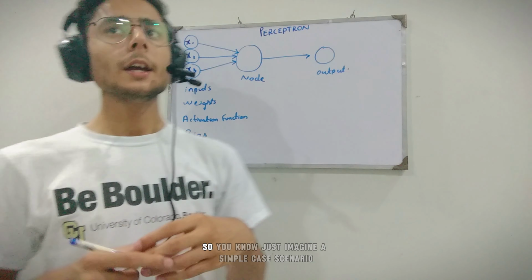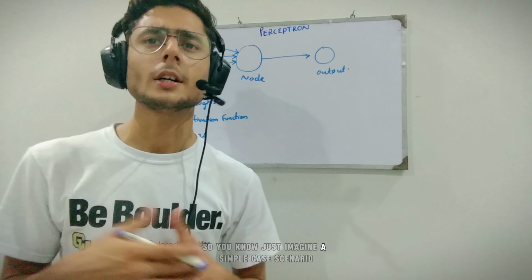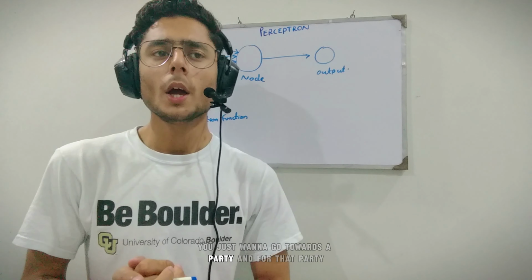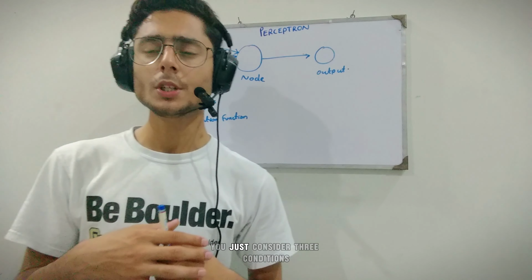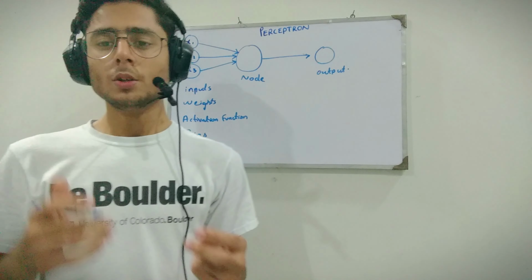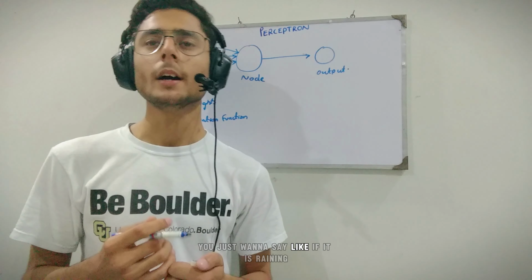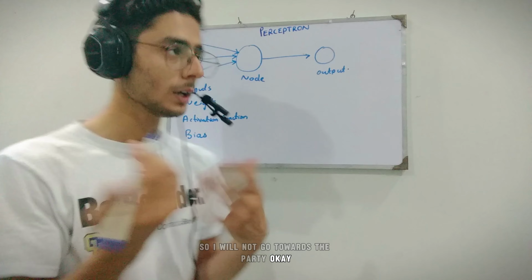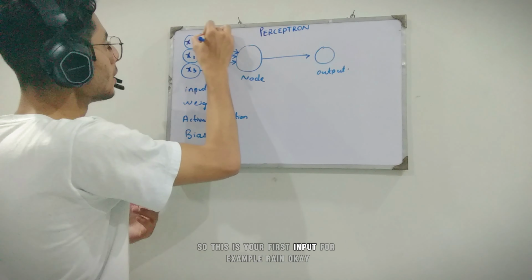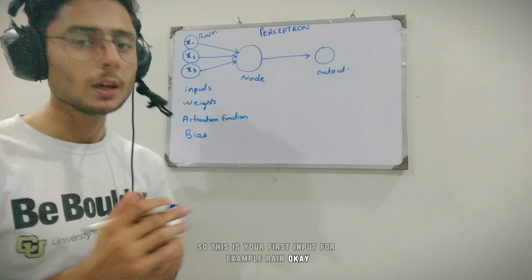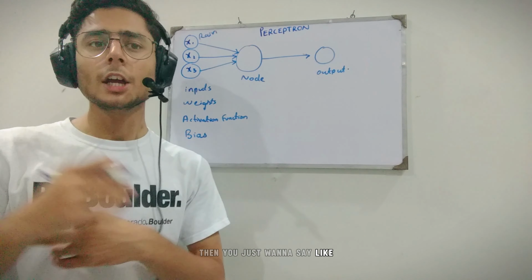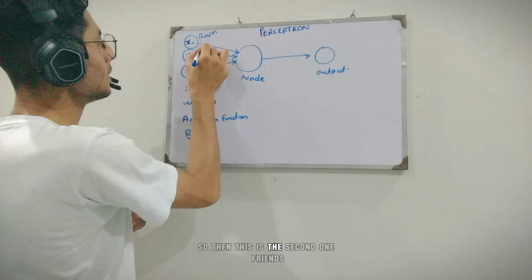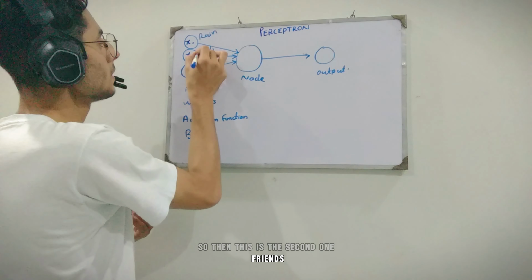Okay, so just imagine a simple scenario. For example, you want to go to a party, and for that party you consider three conditions. For example, if it is raining, I will not go to the party. So this is your first input: rain. Then, if my friends are coming with me, this is the second one: friends.